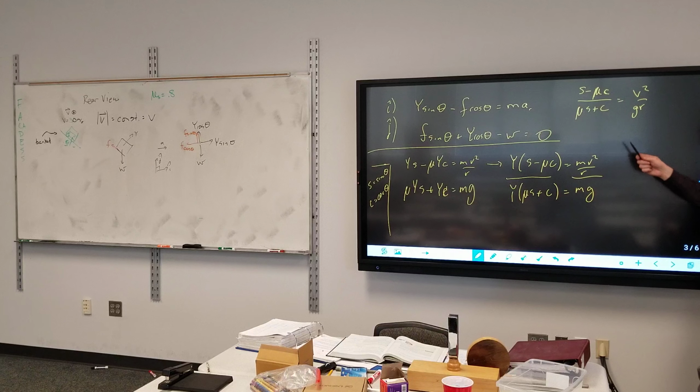So now my only unknown is theta, but it's wrapped up inside these trig functions, so how do you deal with it? How do you solve this? This is equal to some number that we could calculate if we need to. I'm just gonna call this A, just so I don't have to keep writing v squared over g r.